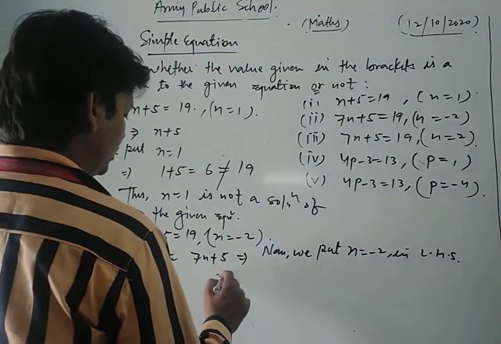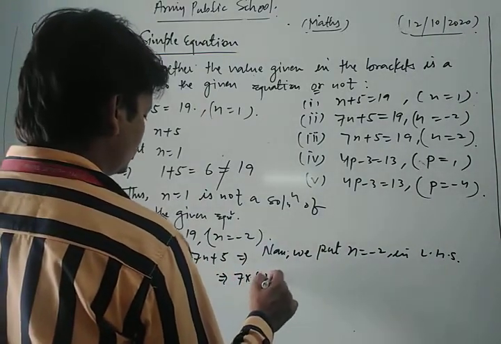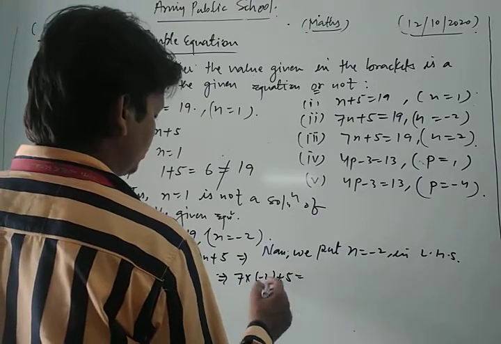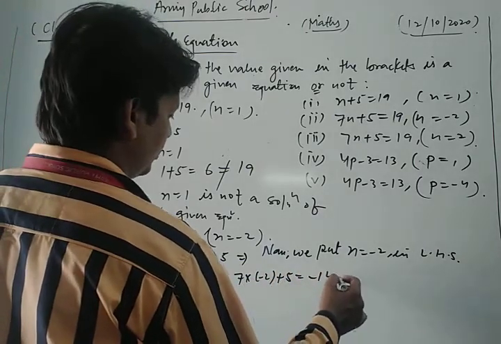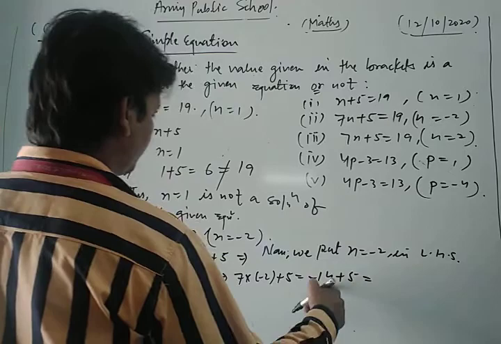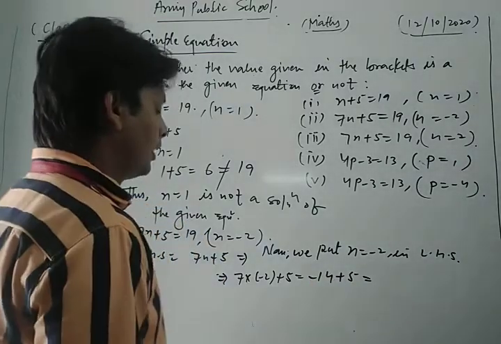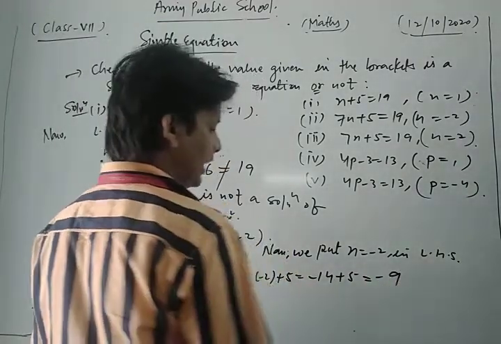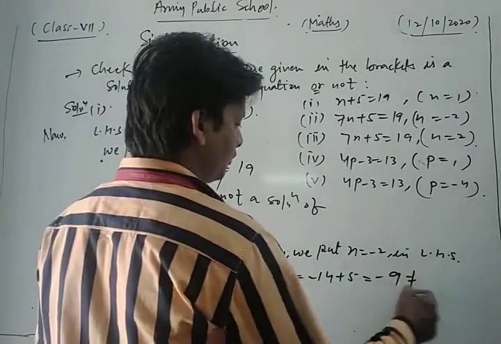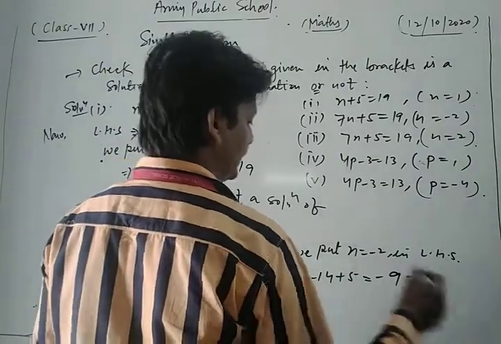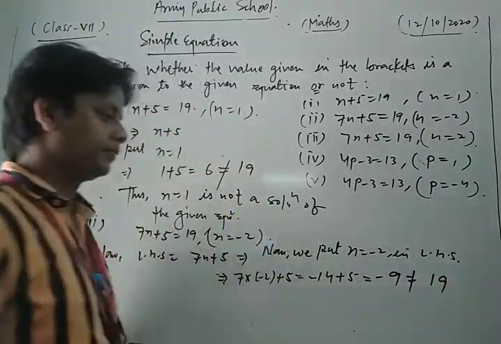Then we get 7 times -2 plus 5, that is -14 + 5, which is -9. This is not equal to 19.